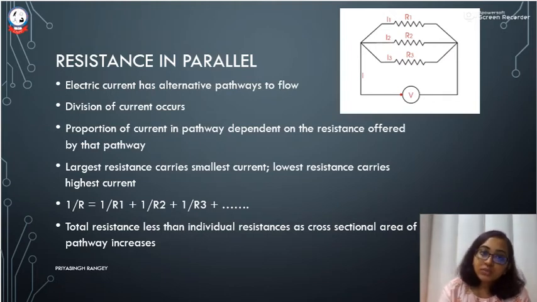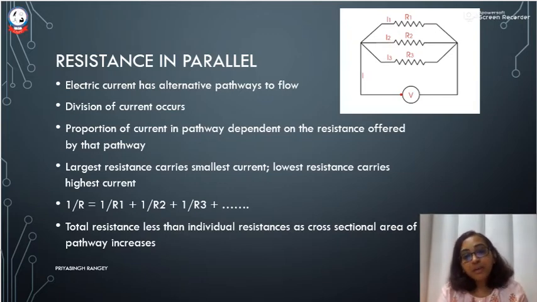The lower the resistance of the pathway, the higher is the amount of current that will be flowing through that particular pathway. So what occurs is that the smallest amount of current passes through the largest resistance, and the highest amount of current passes through the lowest resistance.